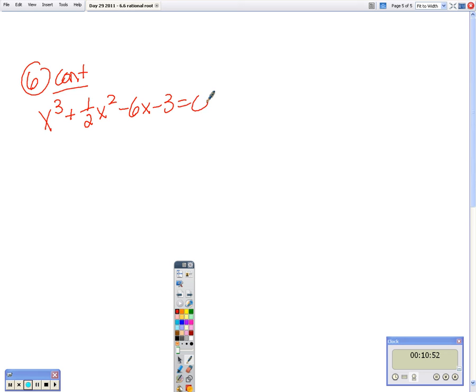Okay, so I'm going to factor by grouping again. I'm going to factor out an x squared from the first. And because I want what's left to match this, I'm going to factor out a -6.